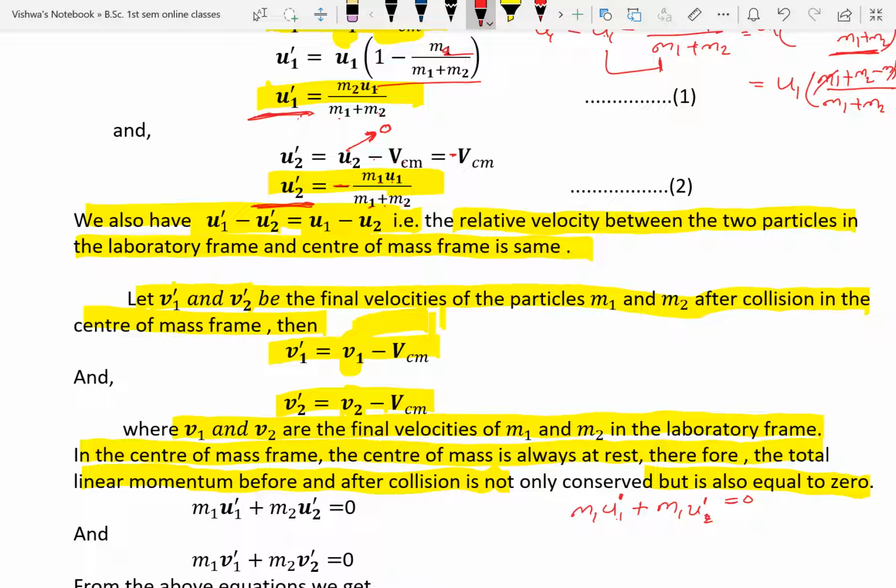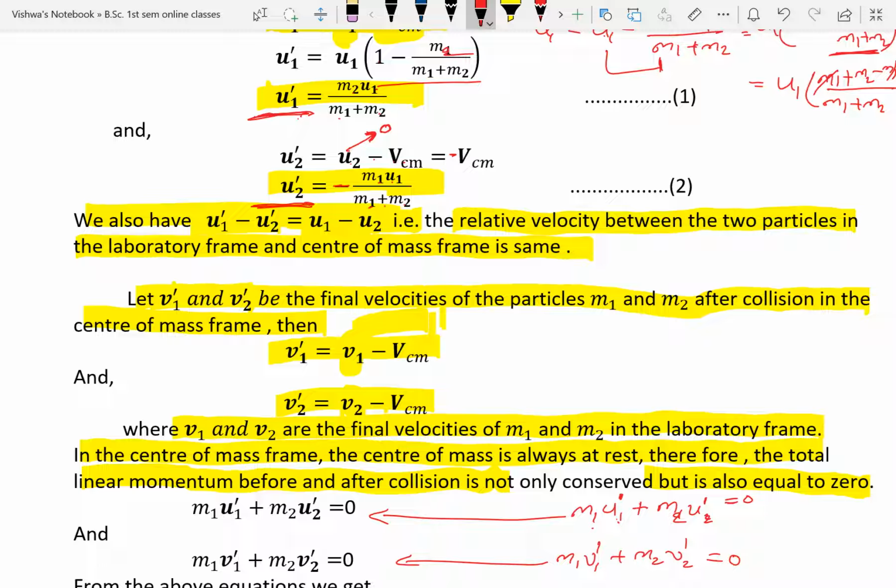So the total momentum before collision is m1 u1 prime plus m2 u2 prime, and that is equal to 0. Similarly, for the momentum after collision, the mass m1 has velocity v1 prime and the mass m2 has velocity v2 prime, and that is equal to 0. So the equation is m1 v1 prime plus m2 v2 prime equals 0. These two are the momentum equations.